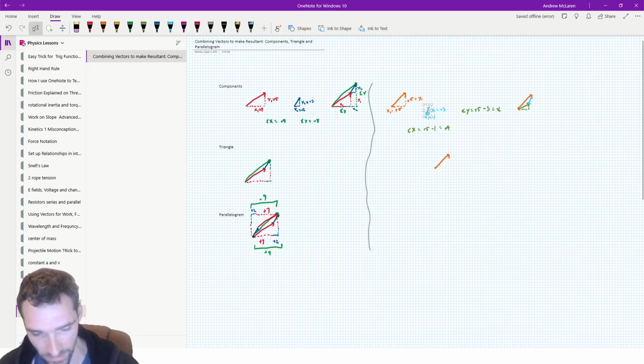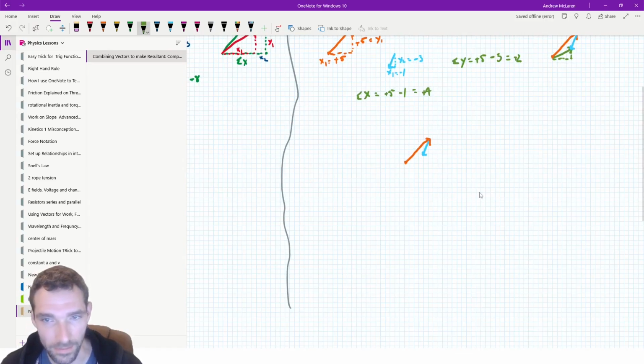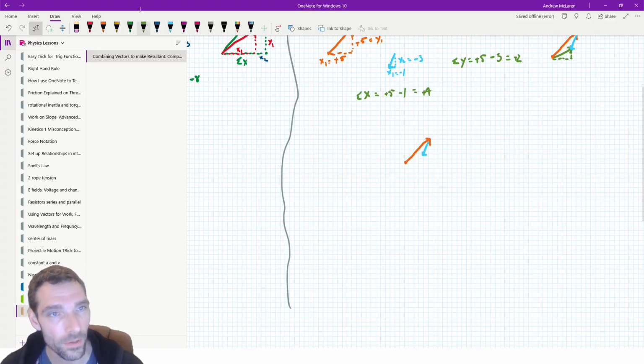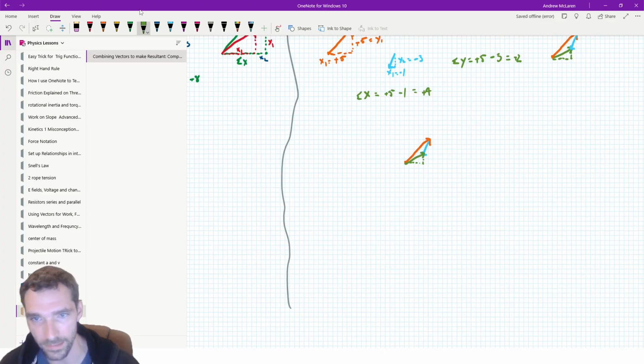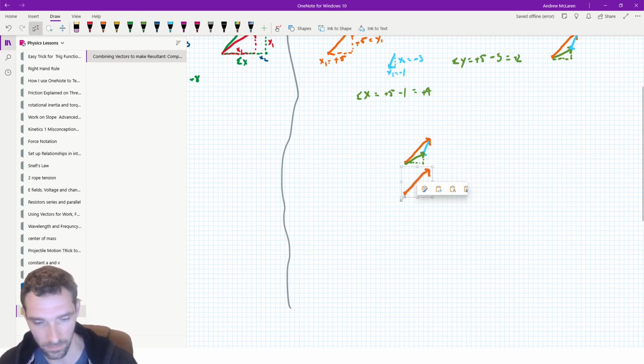We kind of showed that just a second ago with the proof. But you can see that we've got a resultant vector that goes over 4 and up 2 because we've added these up correctly.